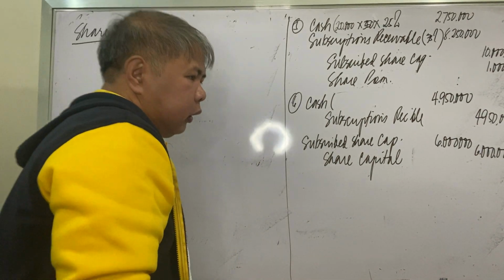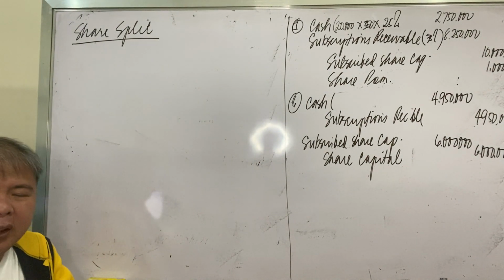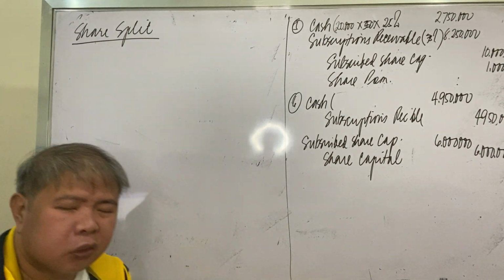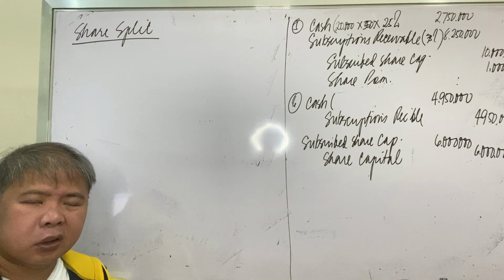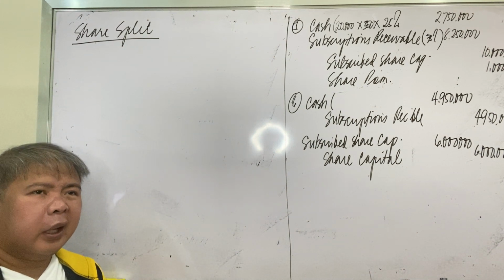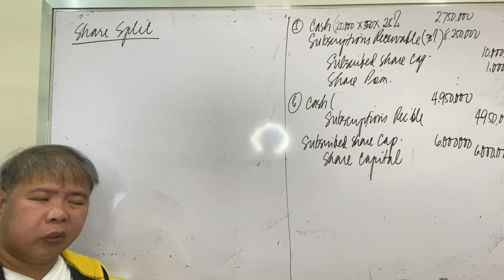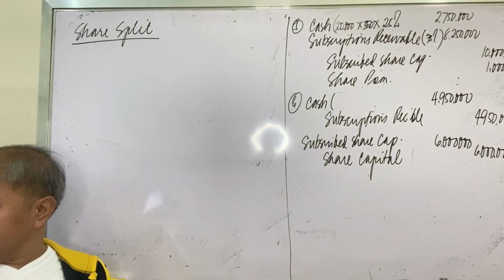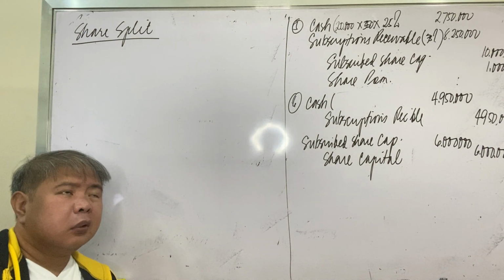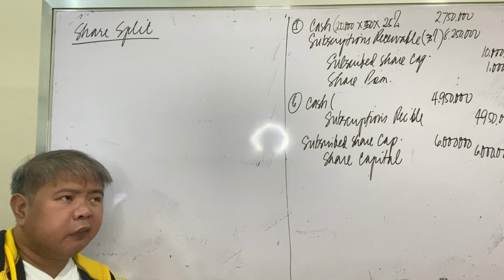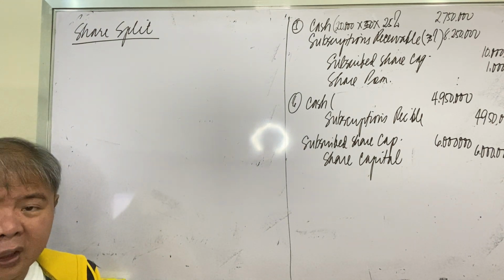Okay, so what does share split mean? In a share split, the shares of stock given to the shareholders are taken back and replaced by either a larger number of shares or a lower number of shares. Of course, even before and after the split, the total shareholders' equity is still the same.